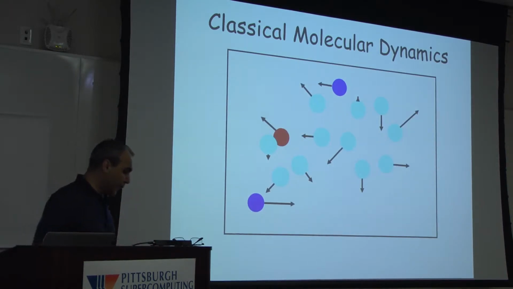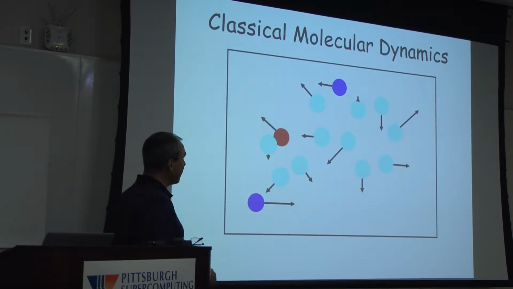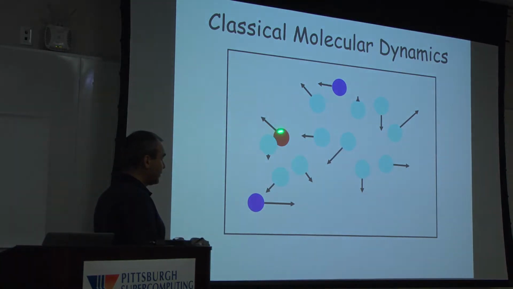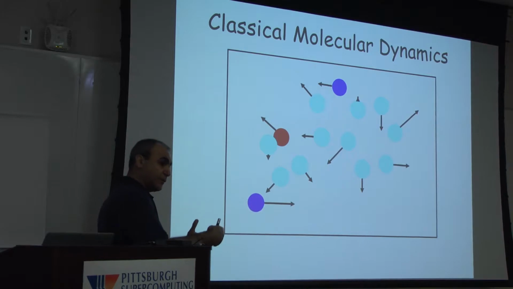Yesterday, we talked about this example. When you are doing classical MD, you treat these particles, these atoms in our case, because we are dealing with molecules, as points in space with specified coordinates. And then you have initial velocities for each of them, either randomly assigned or coming from the previous step of your simulation.